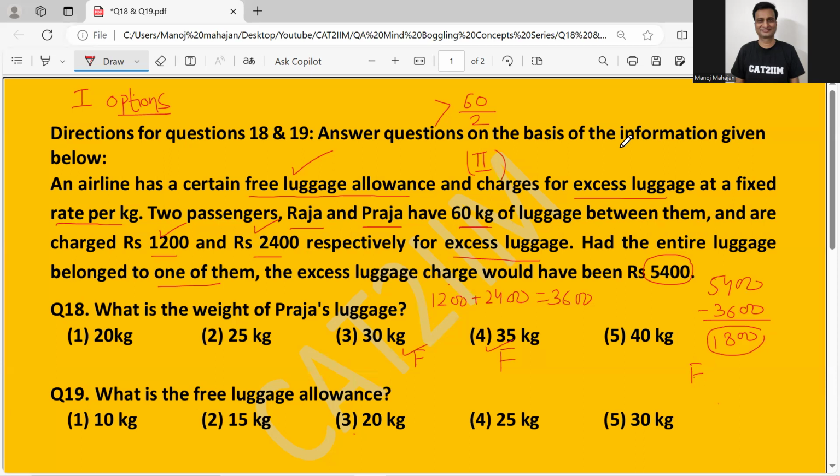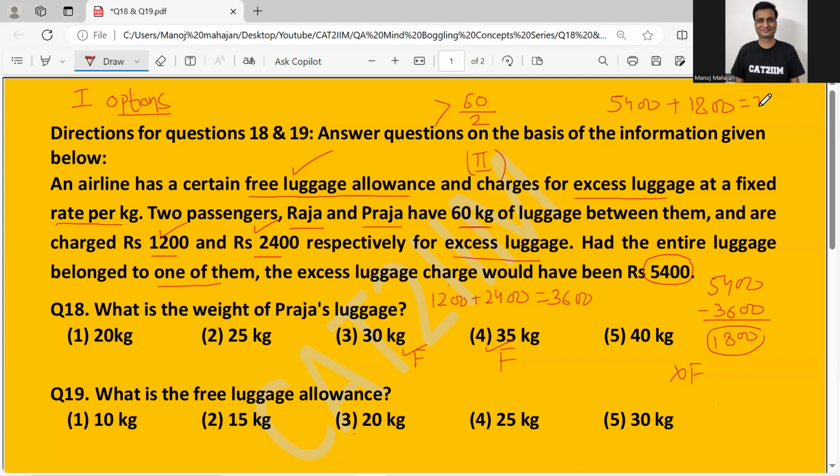So now let's understand that you are paying 5,400 only and one free luggage allowance you have, right? Let's say if you do not have that free luggage allowance also, in that case, you were supposed to pay 5,400 plus 1,800. Why 1,800 I'm adding over here? Because that is the price for the free luggage allowance, which we figured out, right?